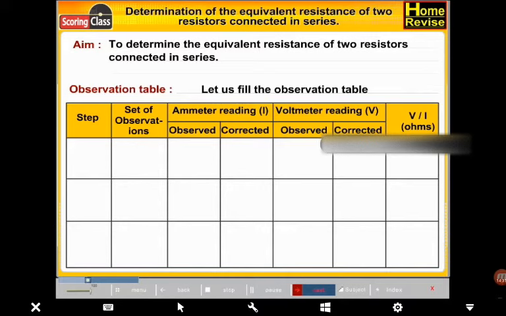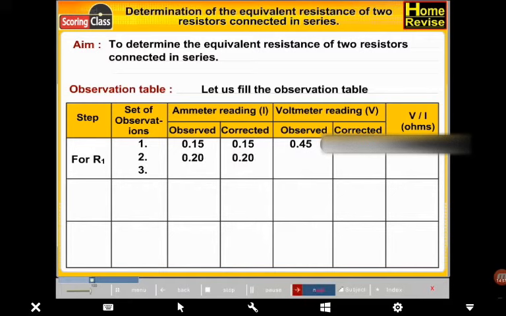V upon I in ohms. For R1, for first set of observations, ammeter reading observed is 0.15, ammeter reading corrected is 0.15, voltmeter reading observed is 0.45, voltmeter reading corrected is 0.45, so it is 3.0 ohms.